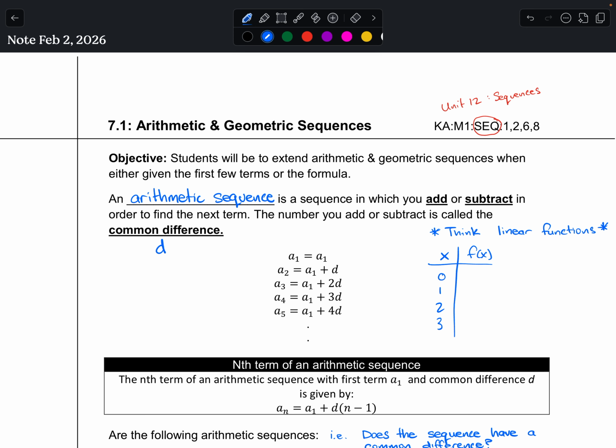Whatever I tell you for these outputs, I'm just going to put dots for now, but I would tell you numbers. If you notice that to get from each output to the next, they jump by the same amount, that you're adding or subtracting the same thing, we could call it D for common difference, then you know that function is linear, and that's exactly what we have here.